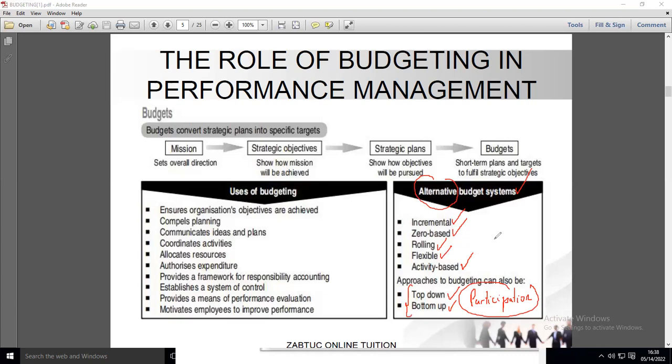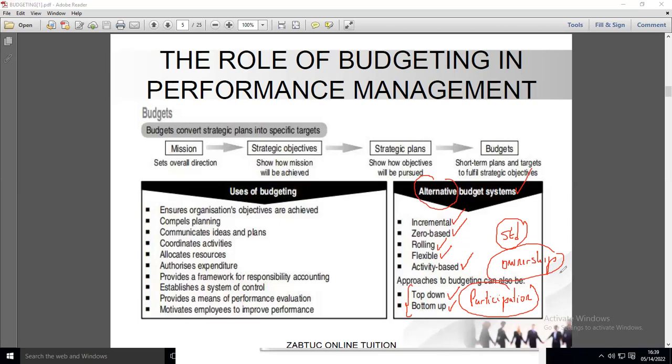Remember, we said when we spoke about standards, the building block model, we spoke about the concept of ownership. But this is very important for standards.